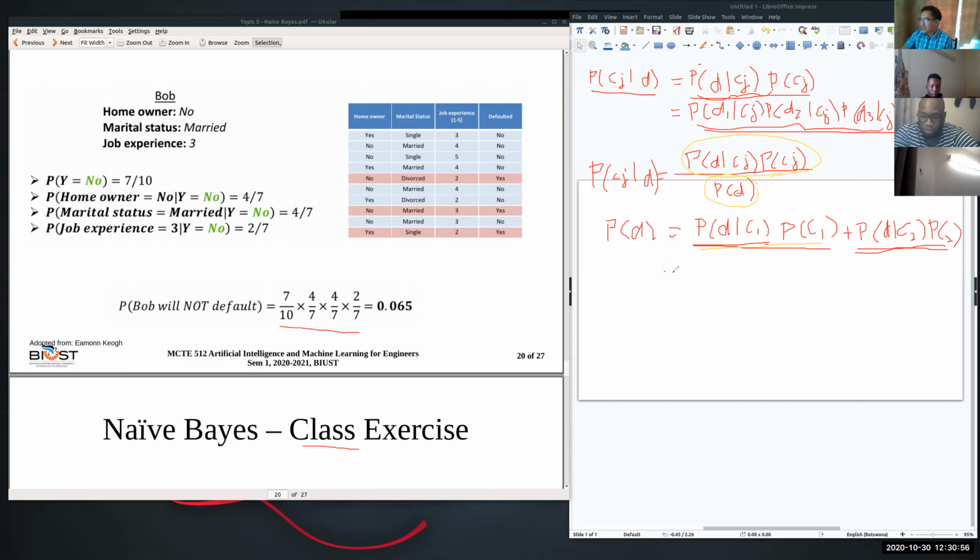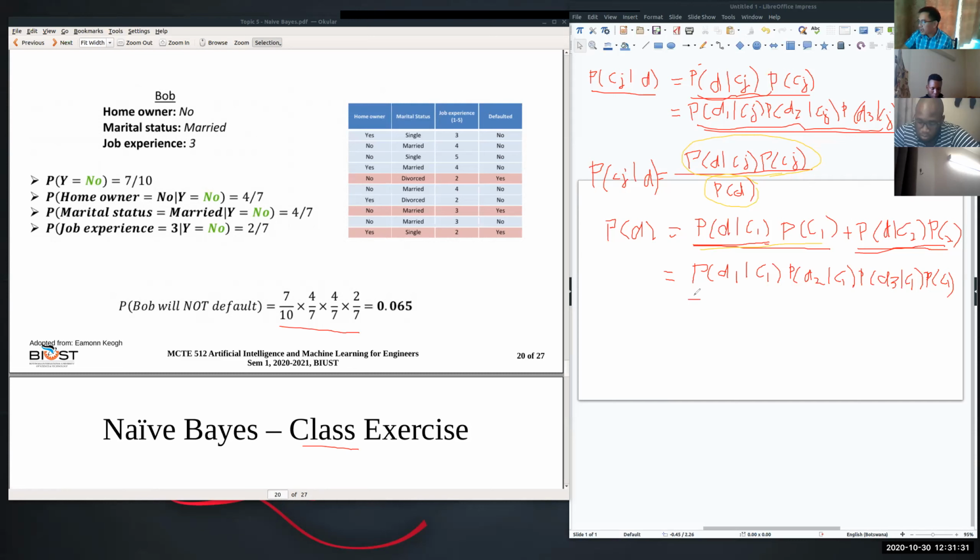Okay, so if I expand this, you will have D1 given no, he will not default, and then the probability of D2 given that no, he will not default, and the probability of D3 given that no, he will not default, times the probability that no, he will not default.